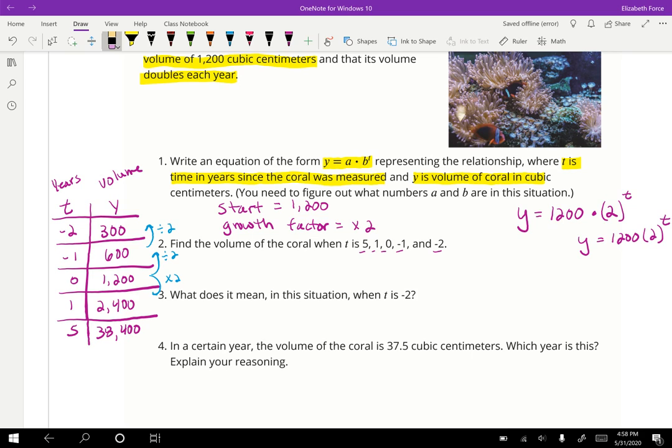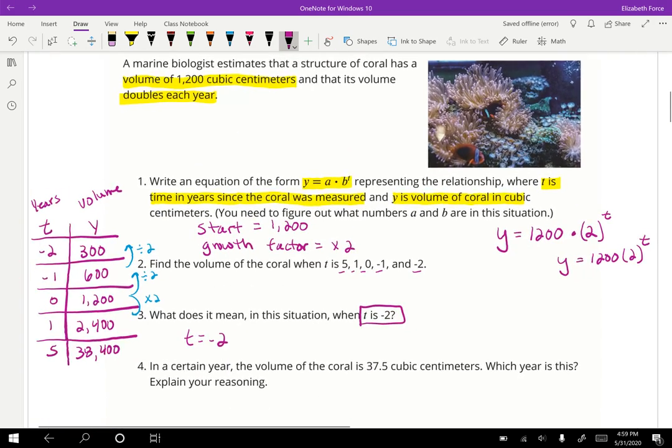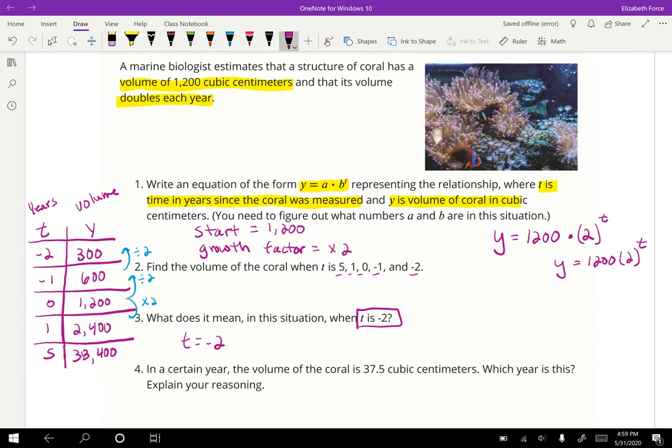What does it mean? So for number 3, what does it mean in this situation when t is equal to negative 2? That's 2 years, because this isn't a negative, it's 2 years before you started. Let's come back up here and figure out what t was again. t is time in years since the coral was measured. So when they say t equals negative 2, this means 2 years before we measured the coral.